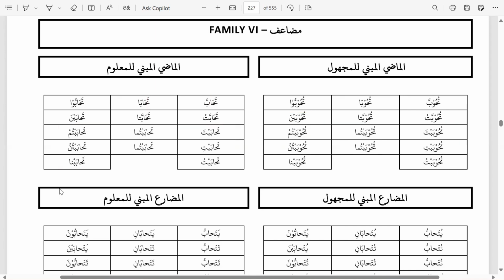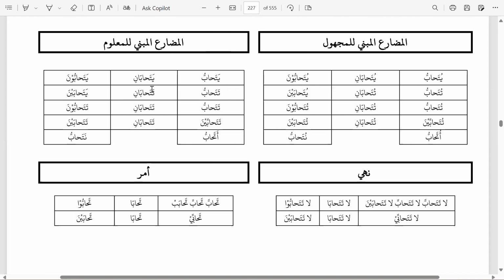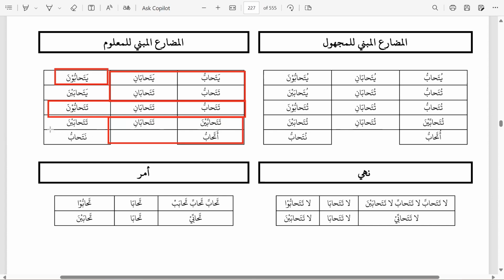Now, same word, same family, present tense, active and passive. So in present tense, what do you expect? All the other sigat, all the other versions will have shadda on it, fusion on it, except for hunna and antunna, where there's separation.